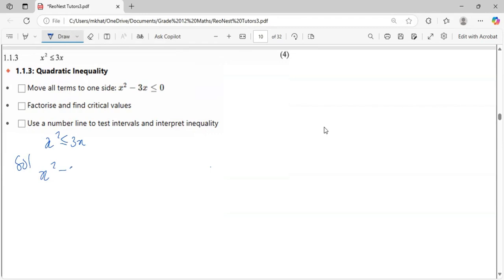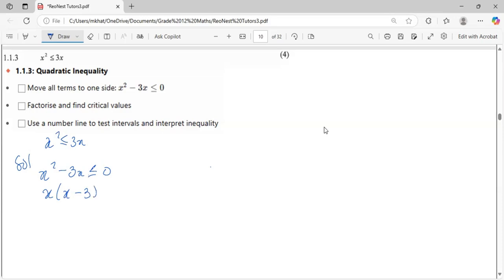So positive will become negative, x squared minus 3x is greater than or equal to 0... Unlike the other equations we did above, we are going to factor out x, the common factor, so we're going to have x times (x minus 3).